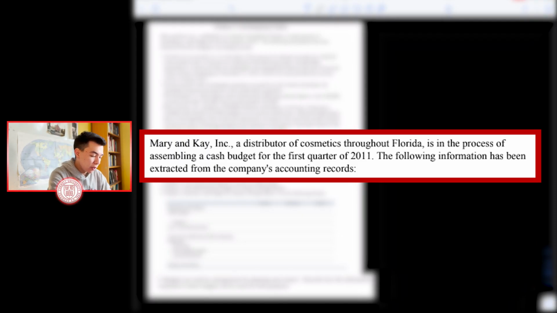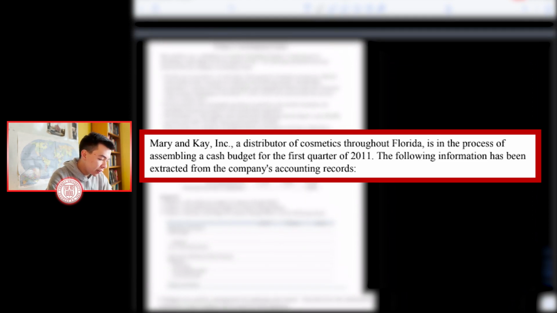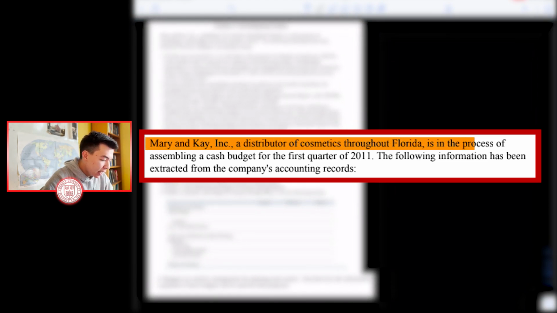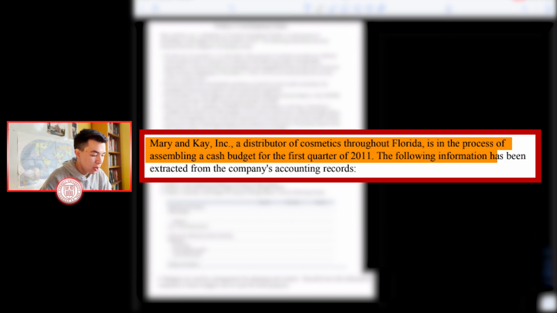So, let's start reading through this question, and it says Mary & Kay Inc., a distributor of cosmetics throughout Florida, is in the process of assembling a cash budget for the first quarter of 2011.